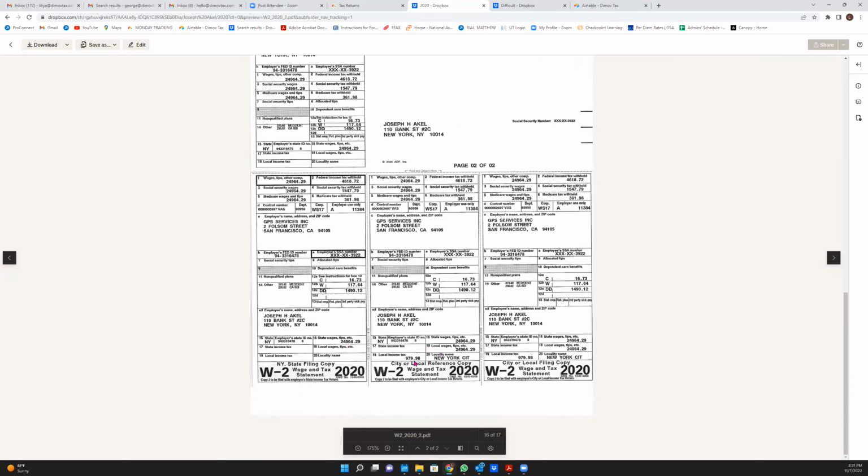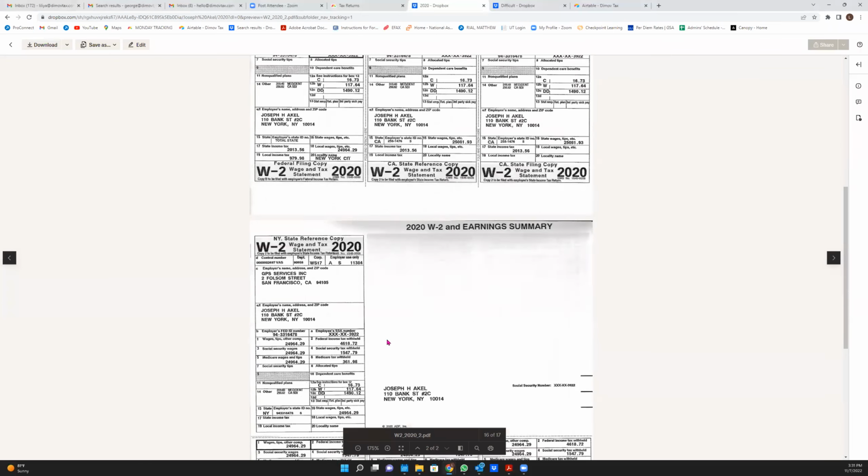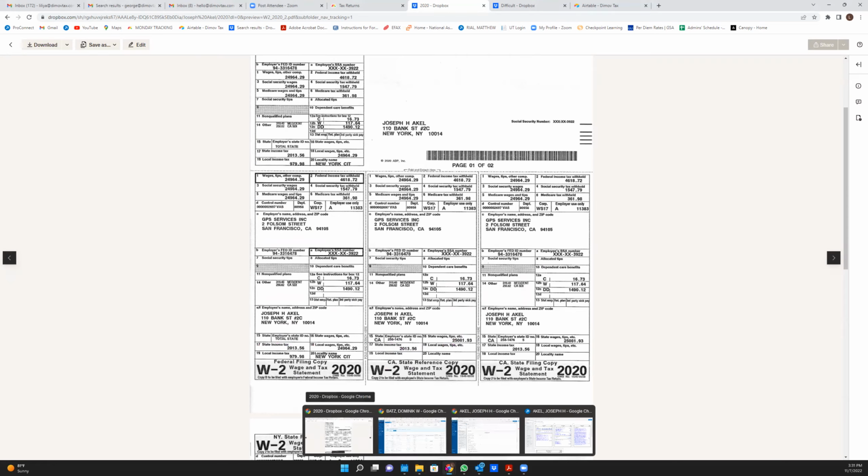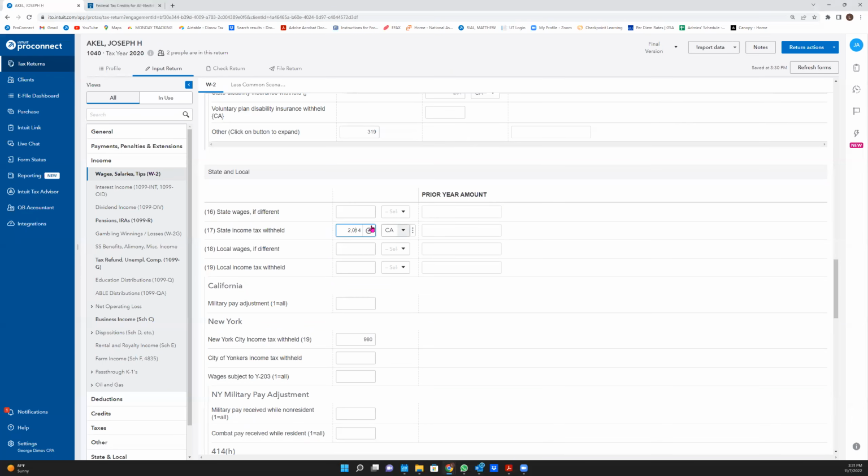Only New York City, otherwise it would have state income tax for New York. However, in this W-2 for California, where it says California, there is a withholding of state income tax. So in this instance, we have California taxes withheld and New York City income tax withheld.